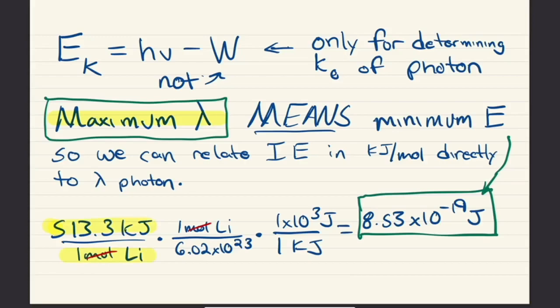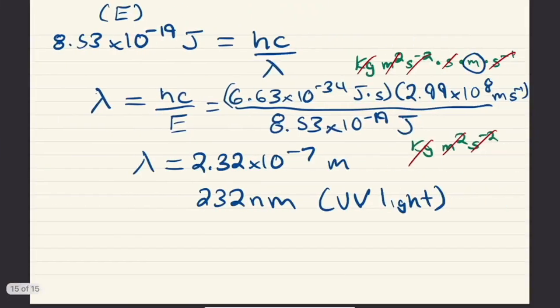This is important. Once we find this value in joules, we can utilize E equals hc over lambda to determine the wavelength of a photon that can eject an electron from the surface of lithium metal.